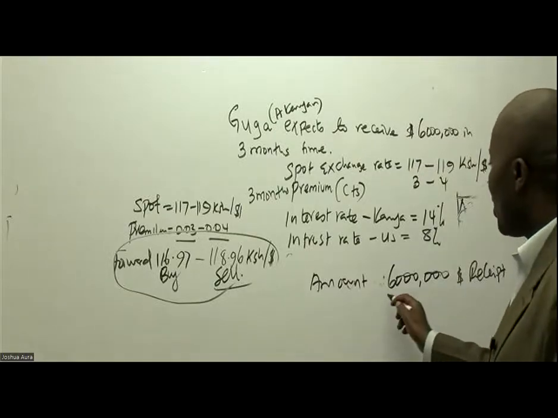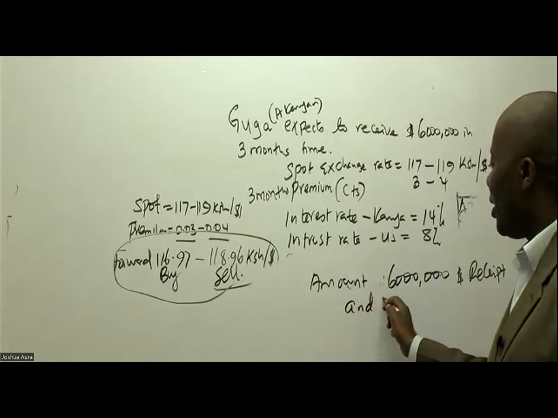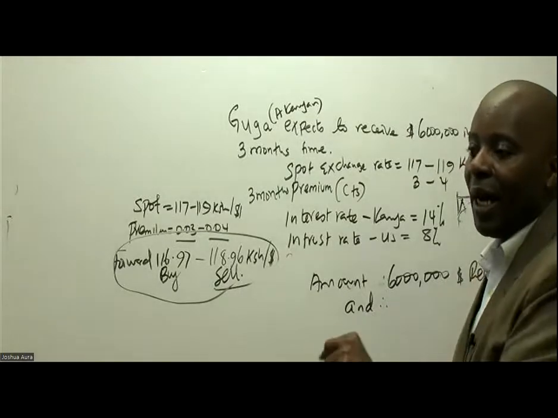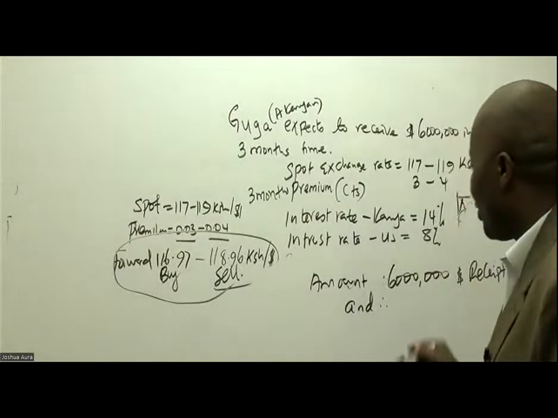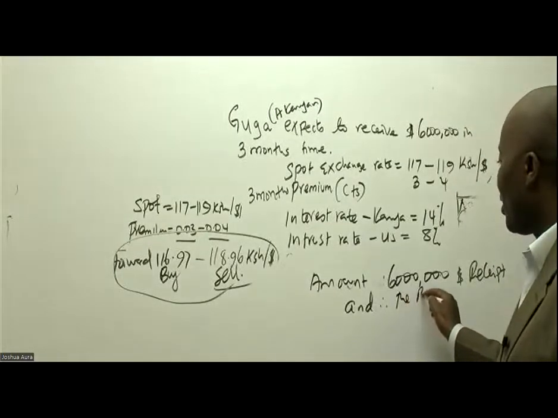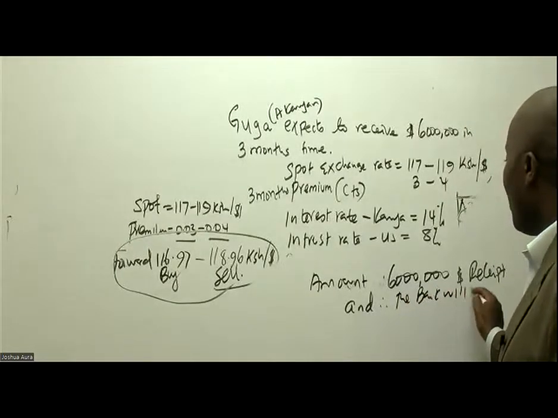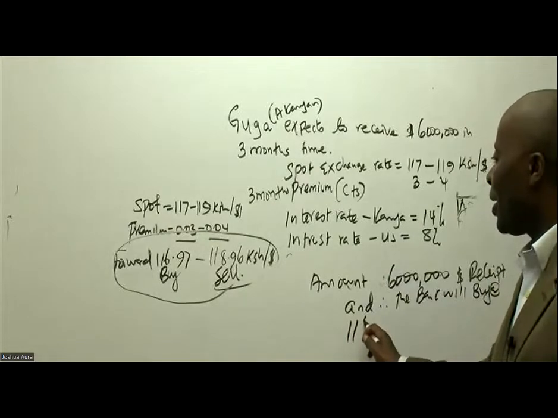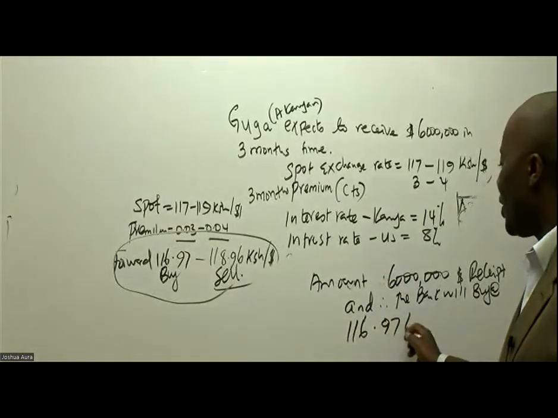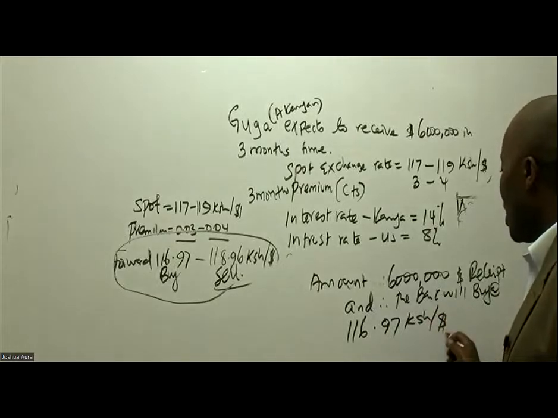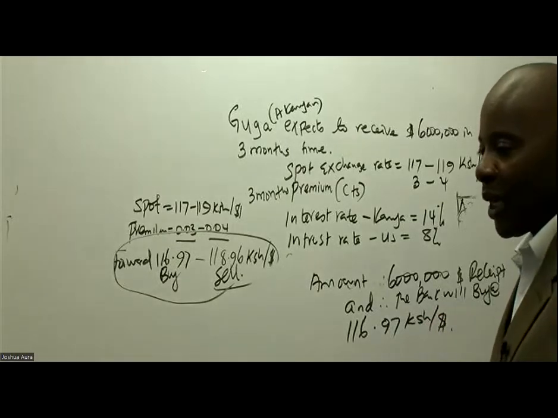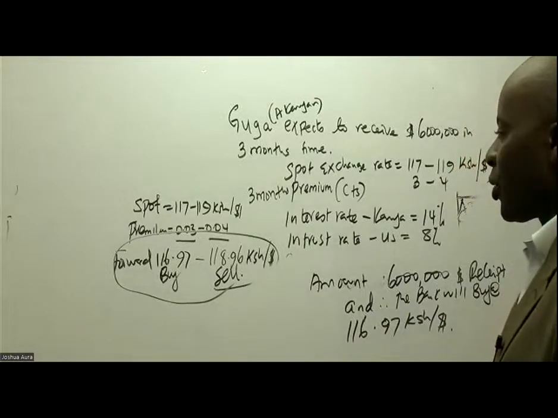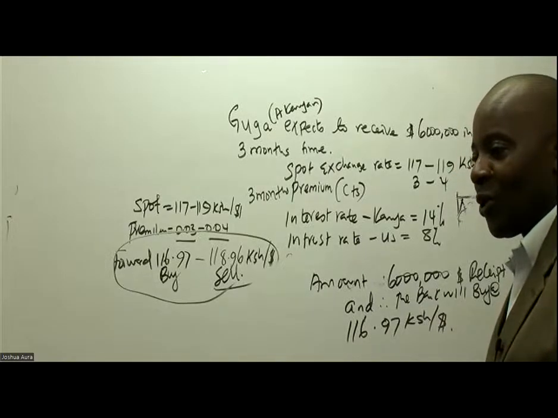And therefore, we know that if it's a receipt, the bank will buy, at what rate? At 116.97 Kenya shillings per dollar. Okay, great.